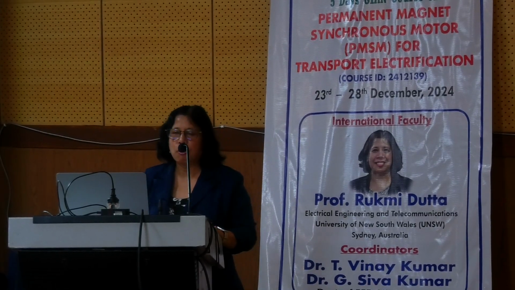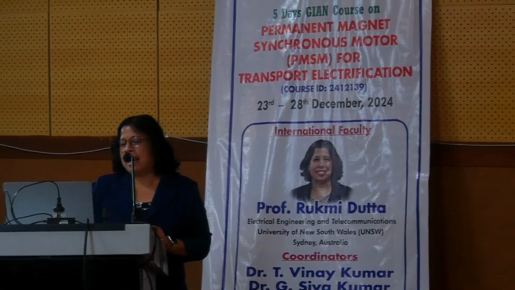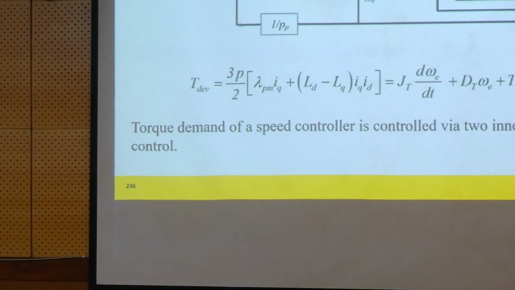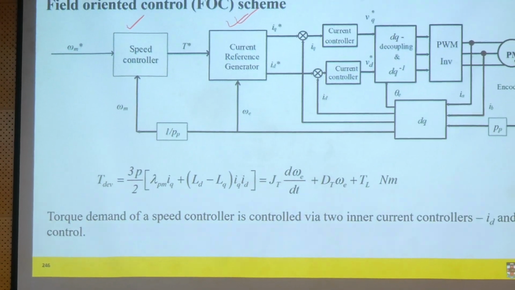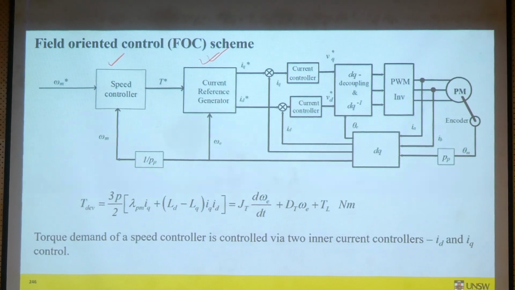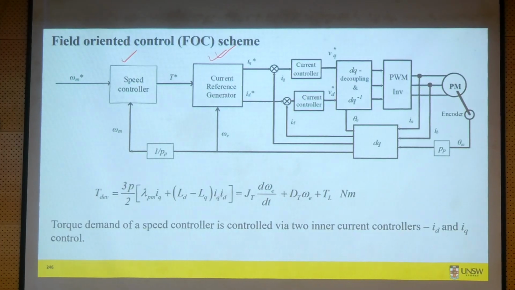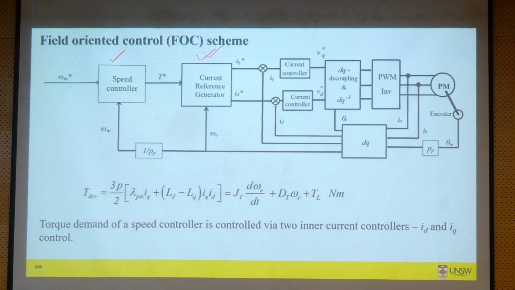Let's look at the general FOC. We usually have a speed controller and 2 current controllers. I think you have also gone through the hierarchy of the controllers. Why does the speed controller need to be the outer loop and the current controller the inner loop?